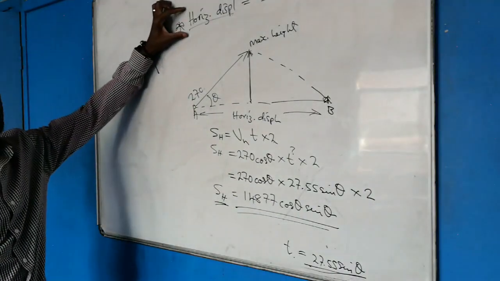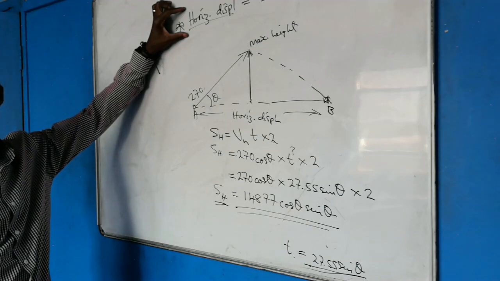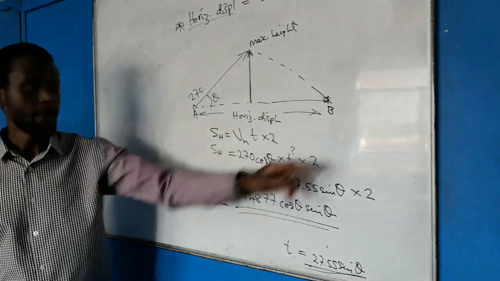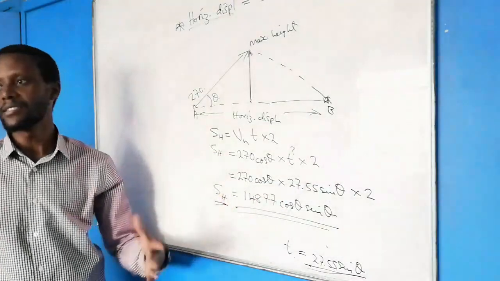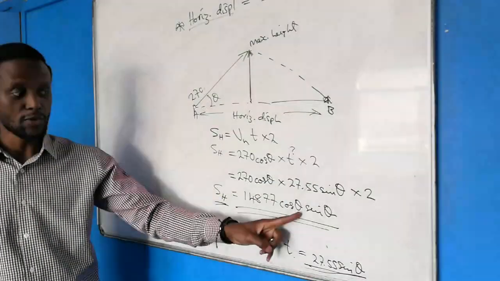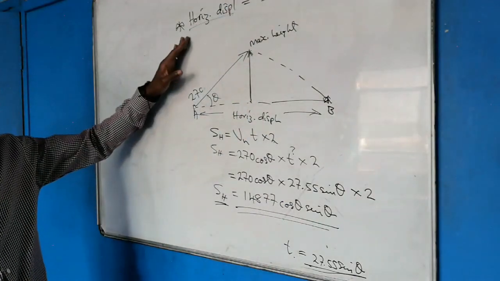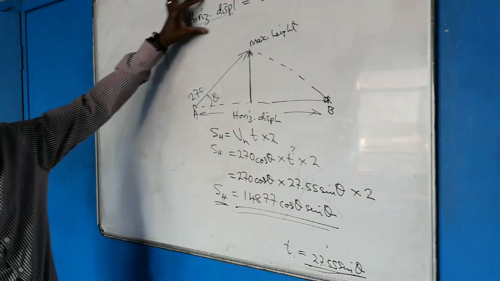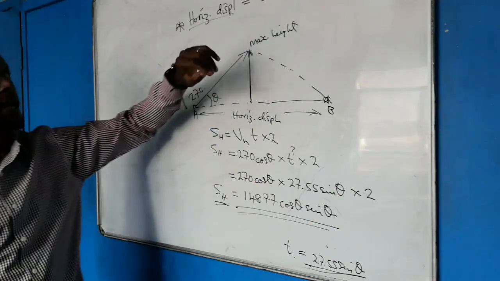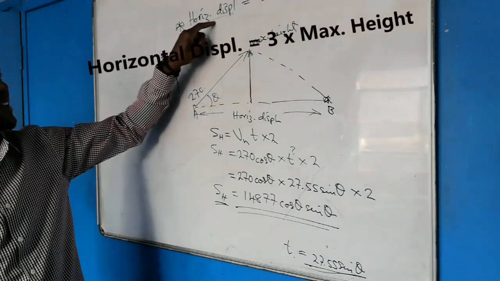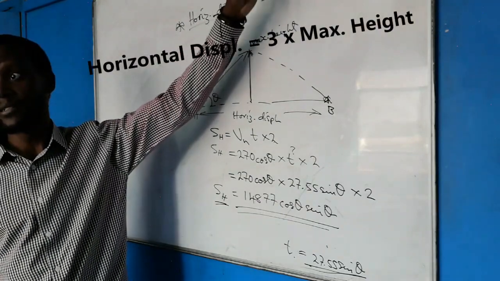It is the displacement from A up until B. But it has not given us the exact answer. We still need to solve out the theta. But we have only dealt with this side. And then this key, if they say it is 3 times, this is 3 times as much as the maximum height.